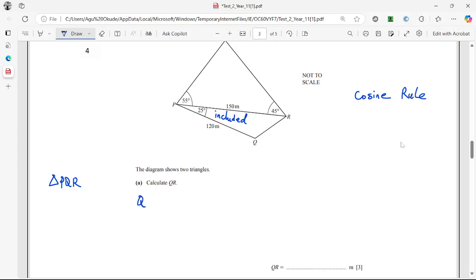Now QR squared is equal to 150 squared plus 120 squared minus 2 times 150 times 120 times cos of the included angle, 25 degrees.